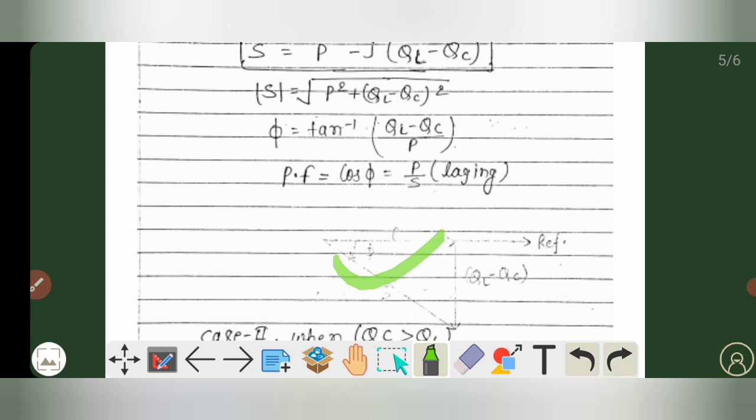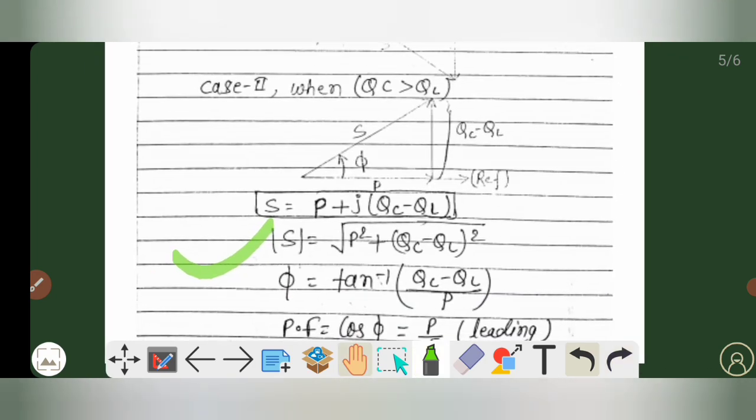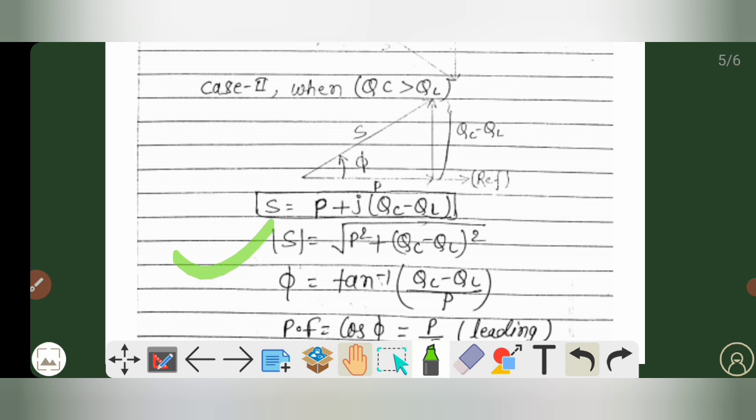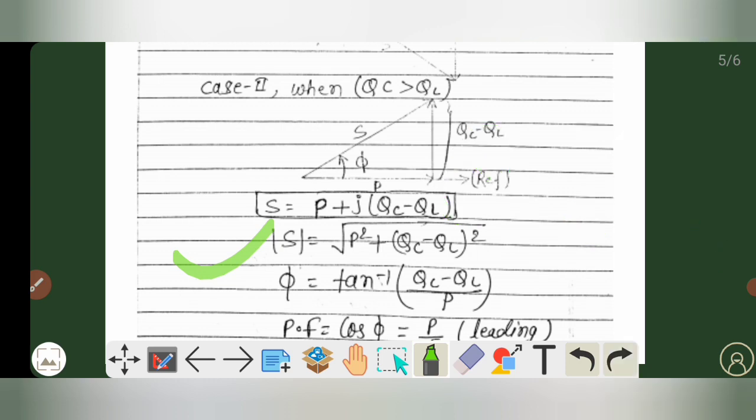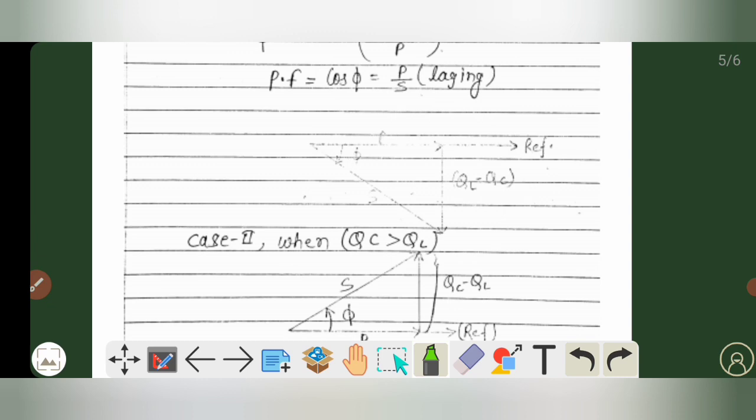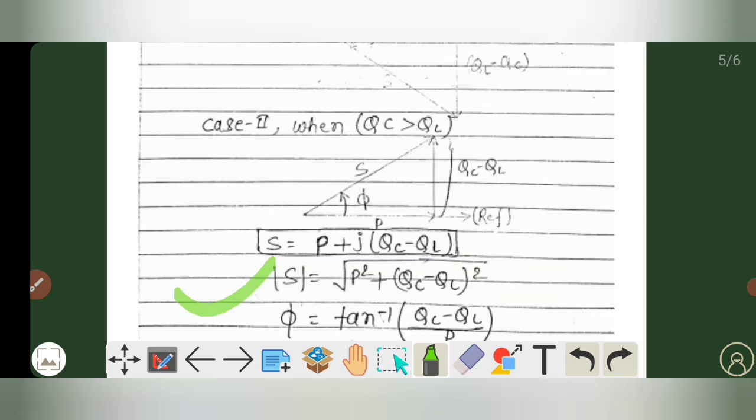Now in the next case, the capacitive effect, that is QC, is greater than QL. So in this case our circuit will be leading in nature, or our power factor will be leading in nature.